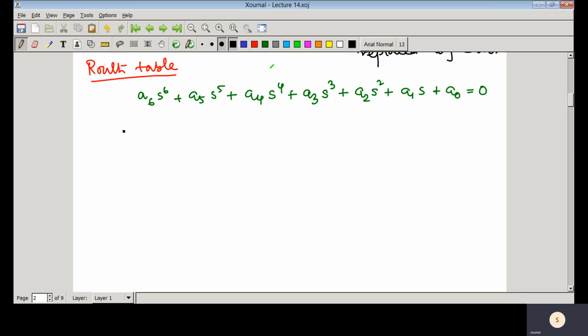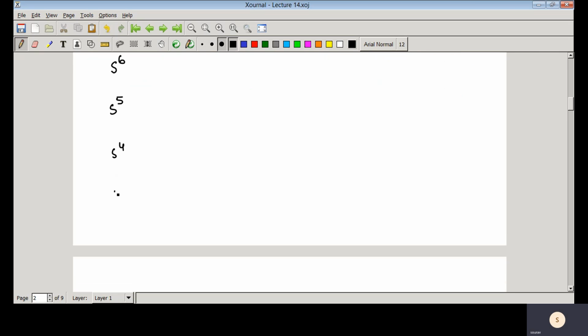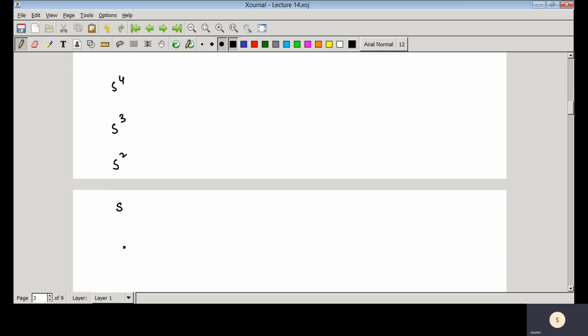First, we need to write s to the power 6. So this is that coefficient. Then we need to write s to the power 5, then s to the power 4, s to the power 3, s square, and s, and then s to the power 0.